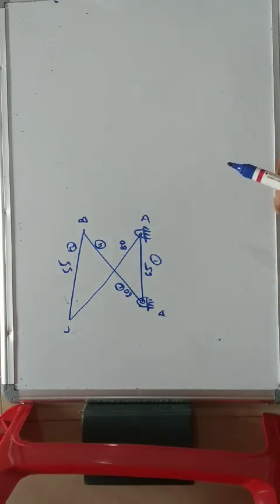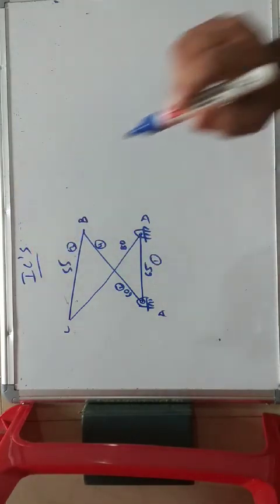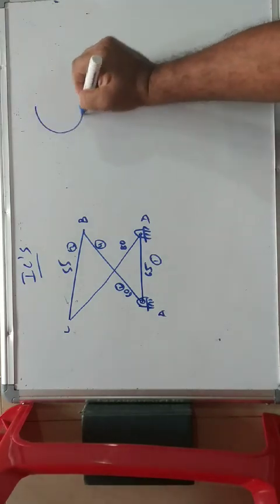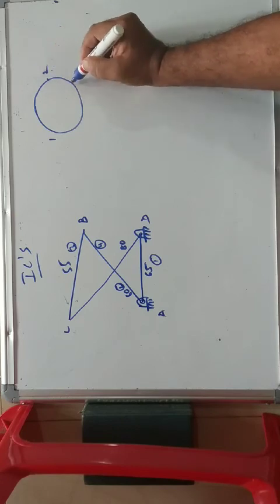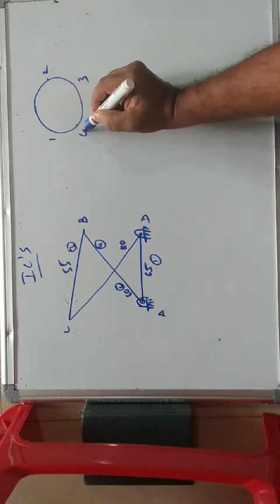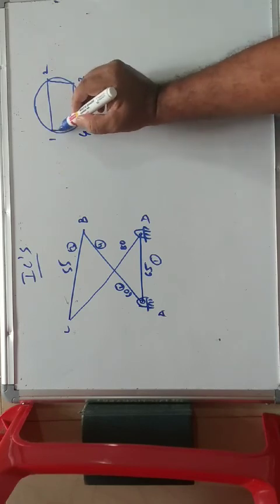Now to find the instantaneous centers here, we are supposed to find the ICs. Again I am going to keep them as 1, 2, 3, 4, and I will join these.